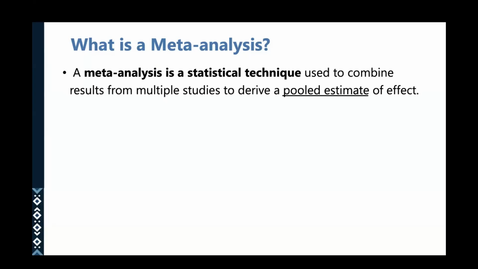A meta-analysis is a statistical technique used to combine results from multiple studies to derive an estimate of an effect. So think of a meta-analysis as a quantitative systematic review.